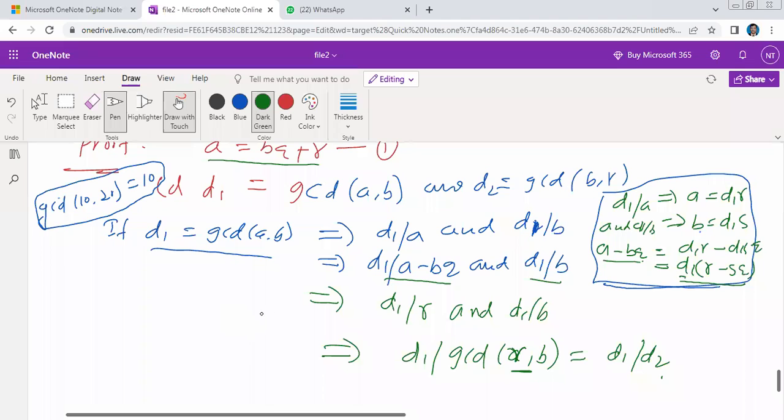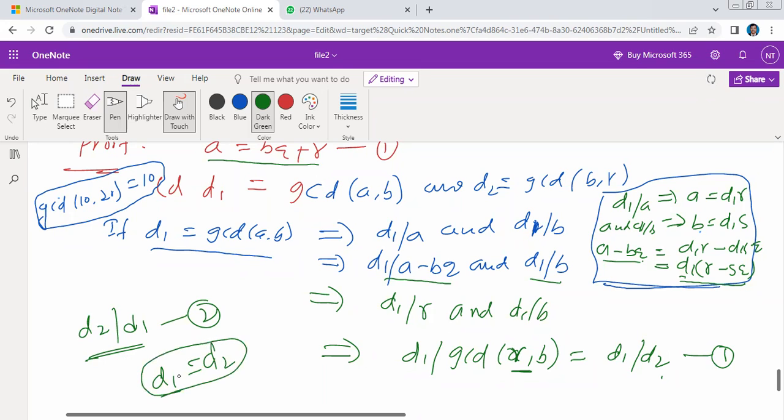Similarly, in the same way I can prove that D2 divides D1. From this equation, what we get? D1 is equal to D2.